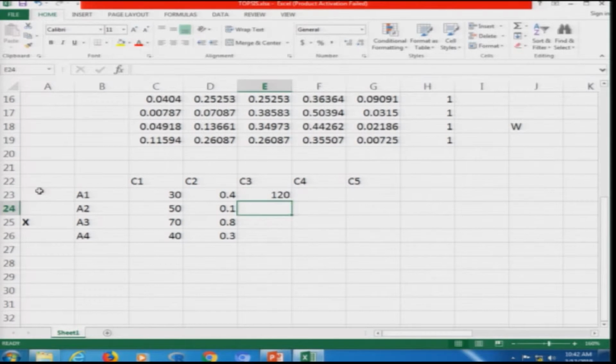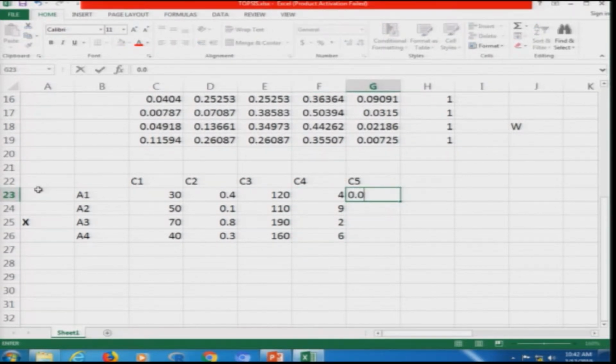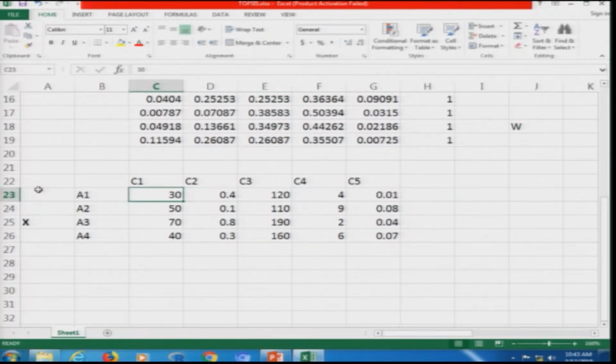These values I will consider on a scale of, say for example, yes, I have considered. This I am taking as arbitrary values in order to make you understand. So, these are for each and every criteria and the weight.